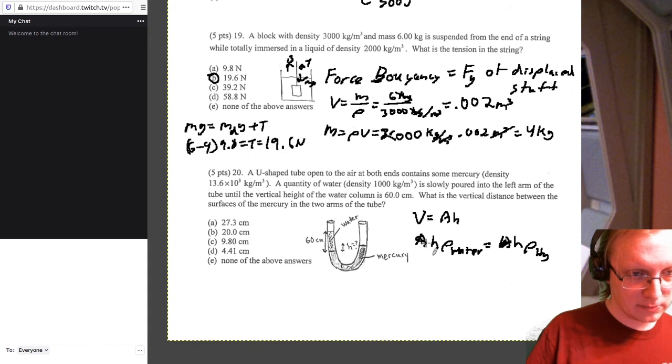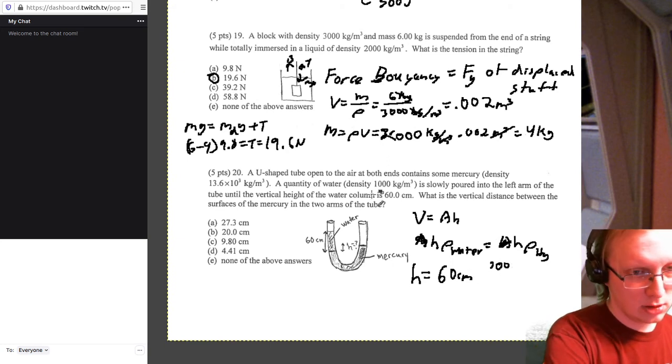Areas cancel each other. The rhos are given, and the H we are interested in is this one here, so that is 60 centimeters. Density of water is 1,000.